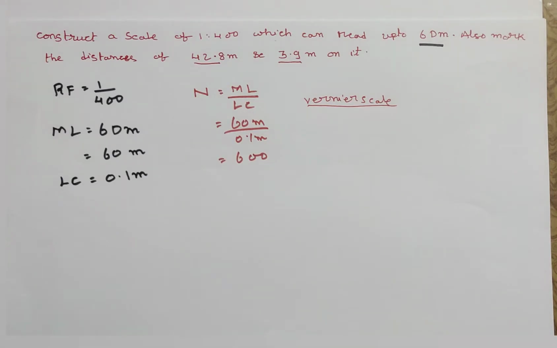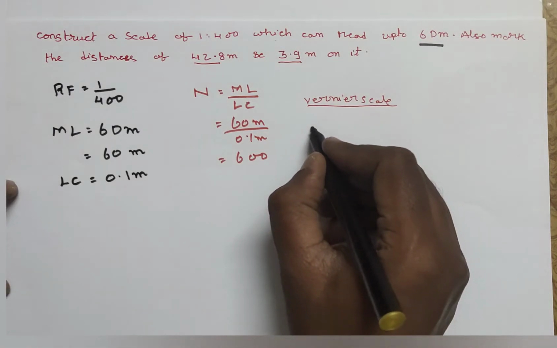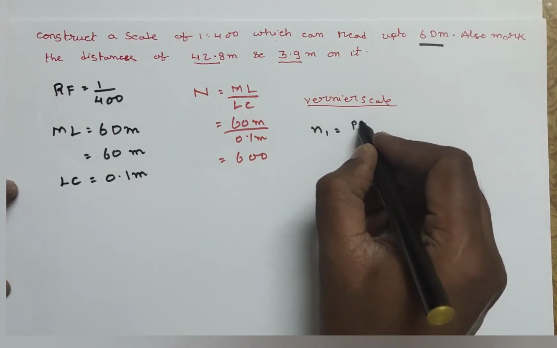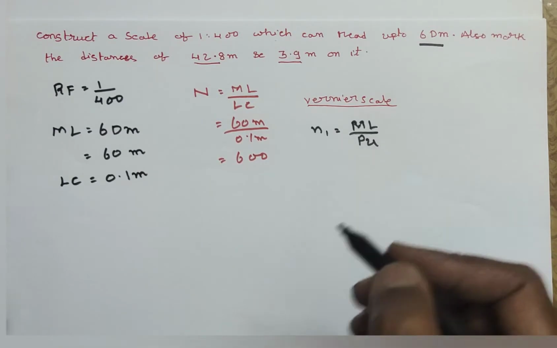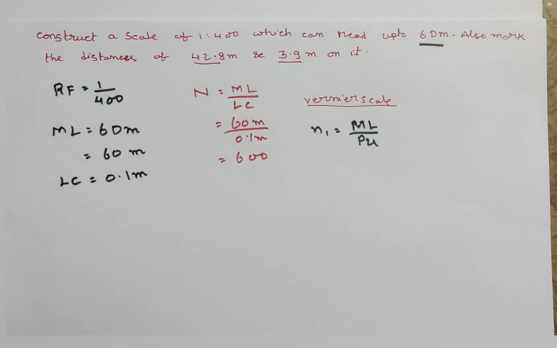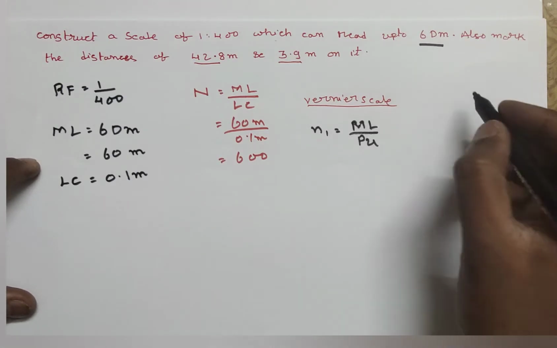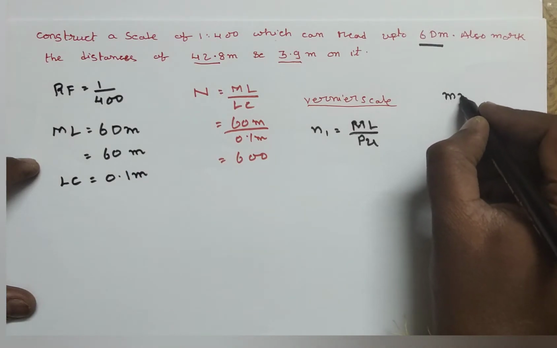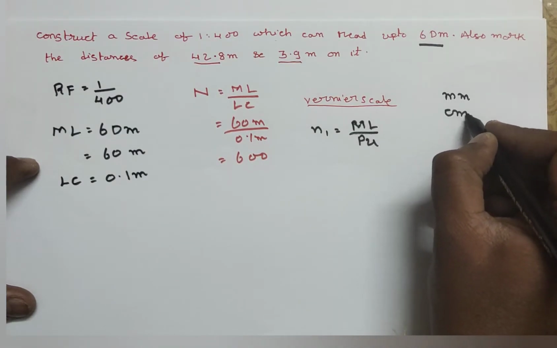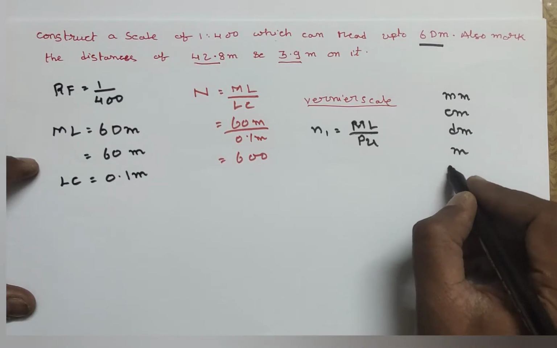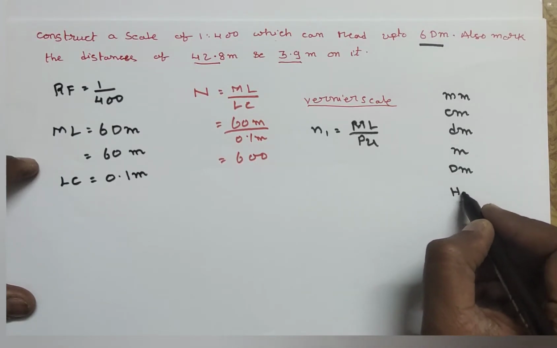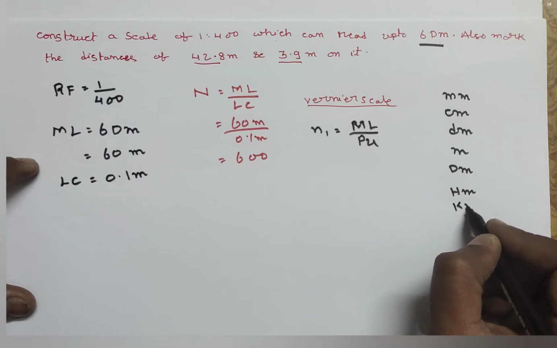So for this particular problem, what is N1? That is maximum length by primary unit. How should I know this, sir? We know that 6 decameters is the maximum length. So once you write the units: millimeter, centimeter, decimeter, meter, decameter, hectometer and kilometer.